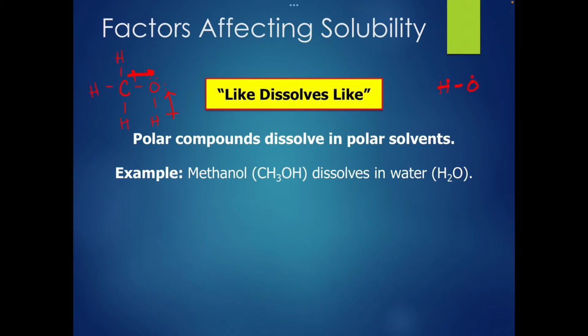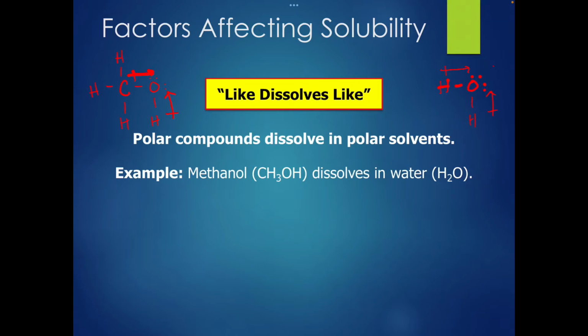Water is a very common solvent that we'll use because water is polar, right? We've talked a lot about the fact that water is polar, and water has hydrogen bonding as well. So since these are both polar compounds, our water can dissolve our methanol. Pretty cool. But again, it's because they're both polar.